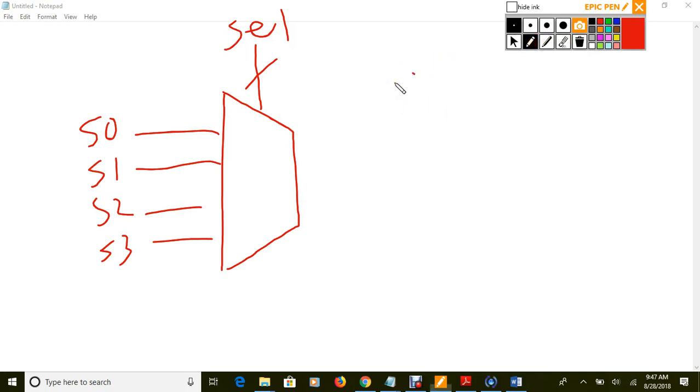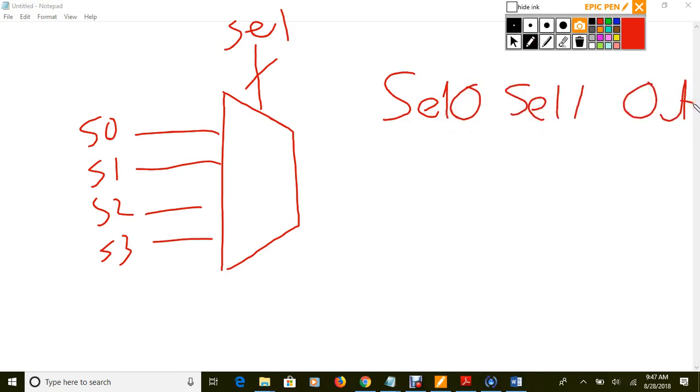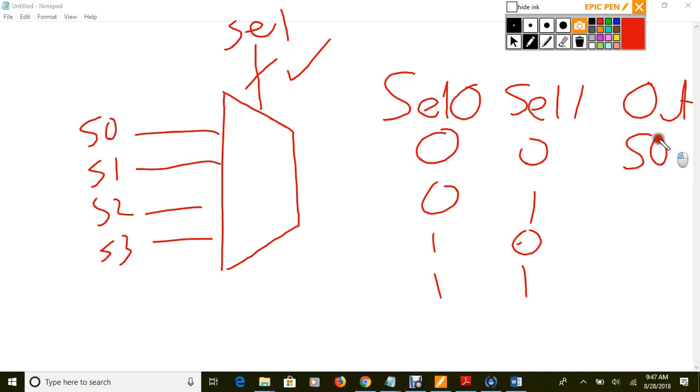Select 0, select 1, and then we'll say output, right? So 0 0, 0 1, 1 0, and 1 1. Those are our inputs here. If it's 0 0, whatever the value is on S0 is going to be our output. S1 if it's 0 1, 1 0 gives S2, and 1 1 gives S3.